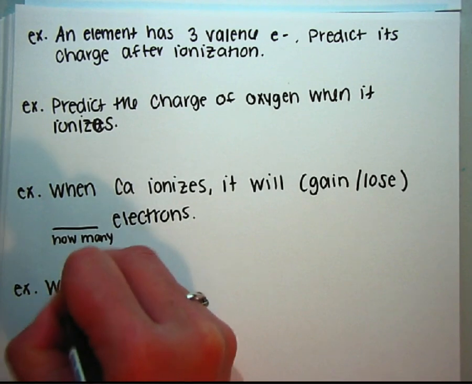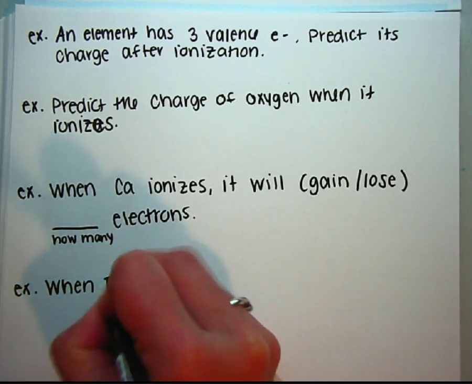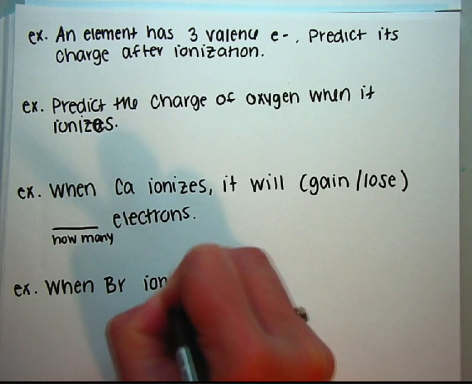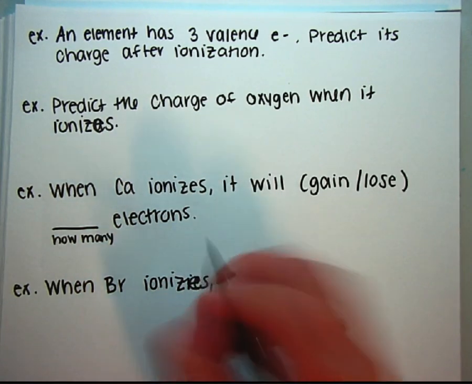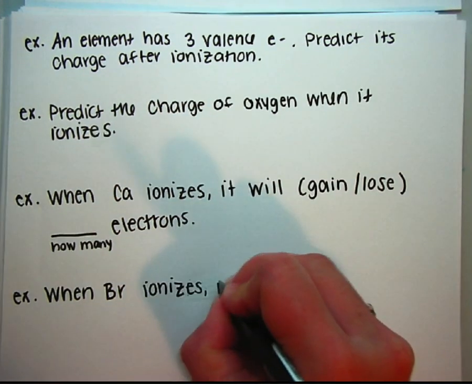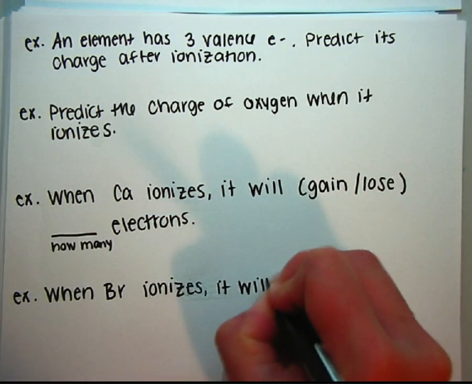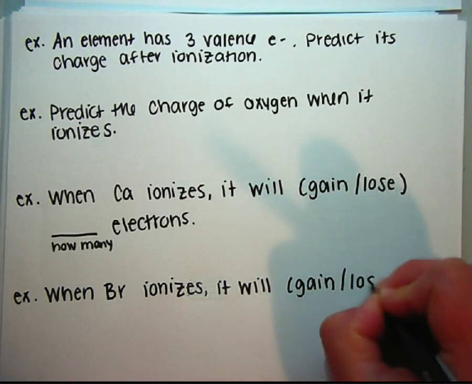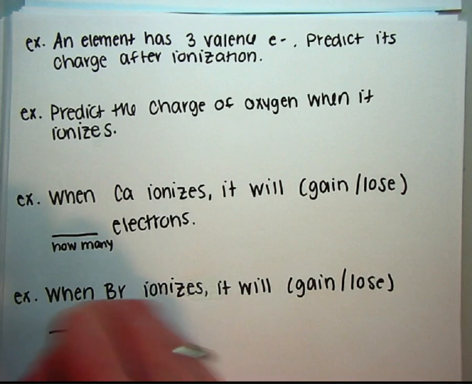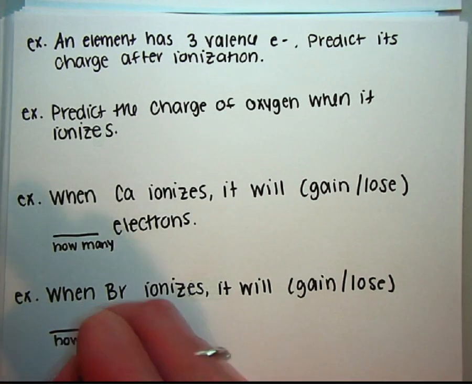Let's do the same thing for bromine. When bromine ionizes, it will either gain or lose, circle 1. And then tell me how many electrons.